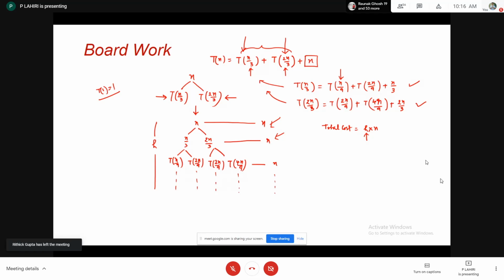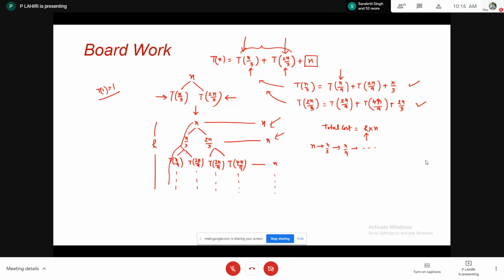Here the longest path means the path having more weight, and the path to be formed from root to the leaf. So if you take this path, what is the trajectory? n to n by 3, then n by 9 and so forth.